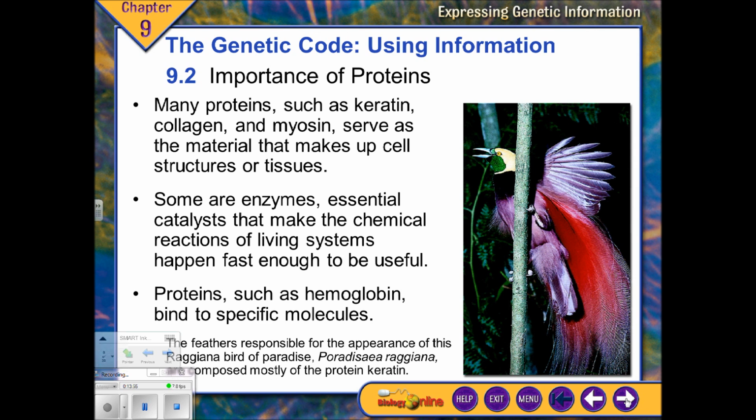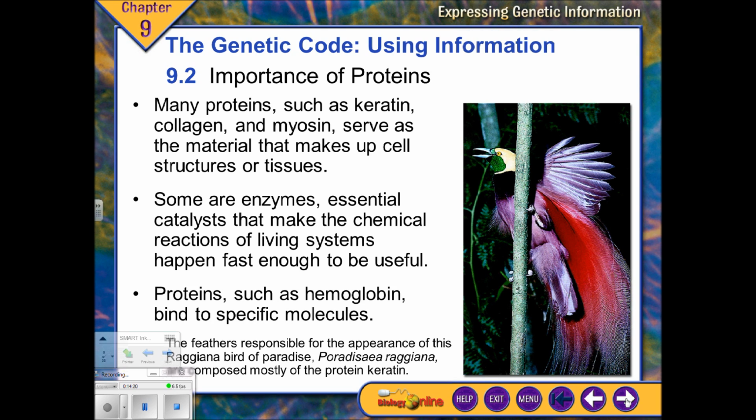Okay, so remember, proteins. Are there a ton of them? Yeah. Do they do different things? Yeah. You remember that? Because protein's one of the 4 big molecules of life. So for example, we got keratin, collagen, myosin, which serve as the material for making up cell structure, tissue.